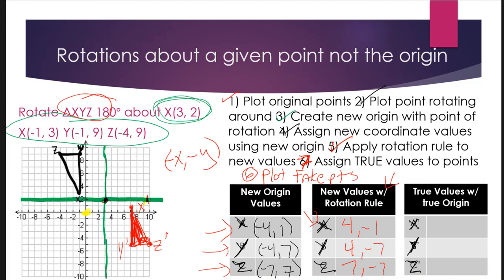So x prime is going to be 7, 1, because I'm from 0 over 7 up 1. Y prime is going to be 7, negative 5. And z prime is going to be 10, negative 5.